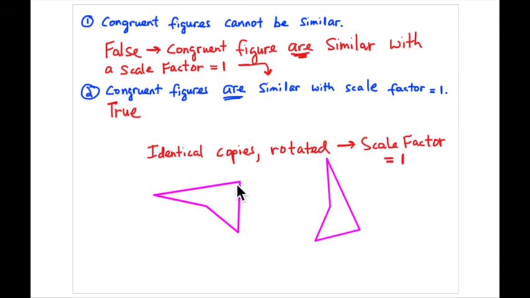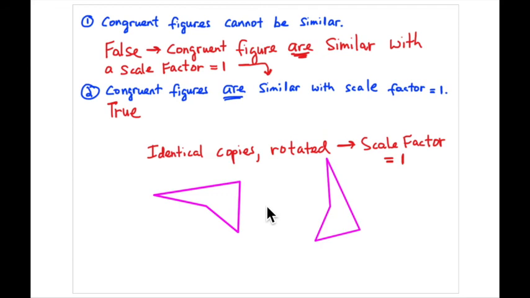So a scale factor of 1 just makes a copy of that length. This length right here would be the length for the scale at this point, and it just scales it onto itself. So that would be a scale factor of 1.